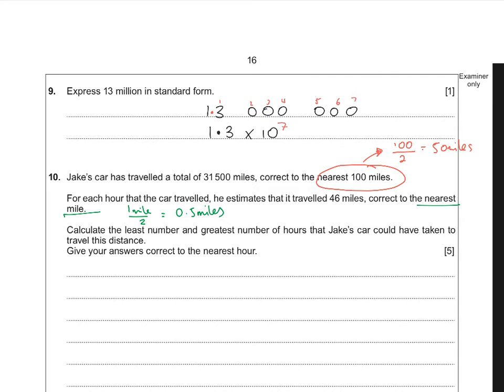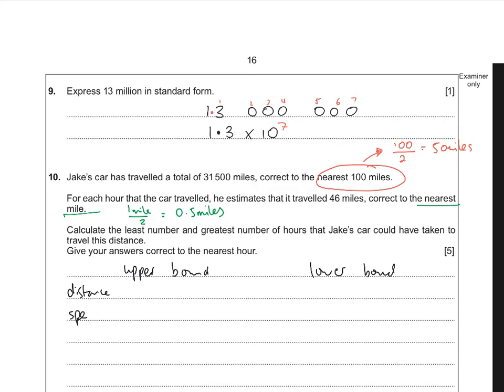The next thing I'm going to do is work out the upper and lower bounds of each. So upper bound, lower bound. The first thing I'm going to do is his car distance. And the next thing is that it's for each hour, so we're talking about speed. It says for each hour the car has travelled 46 miles, so it's 46 miles per hour.